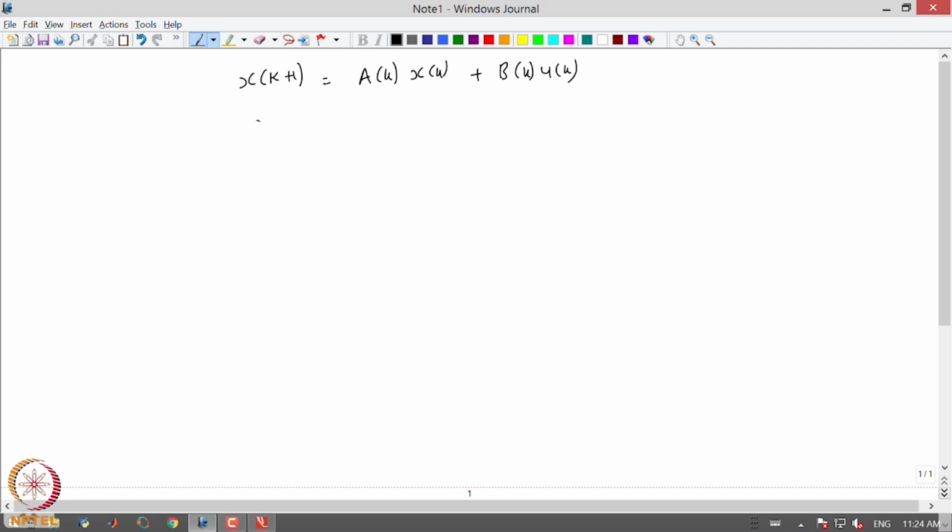Very similar to what we had done earlier. So let us start with k equal to 0 and check how the solution looks. x of 1 is A naught x naught plus B naught u naught.